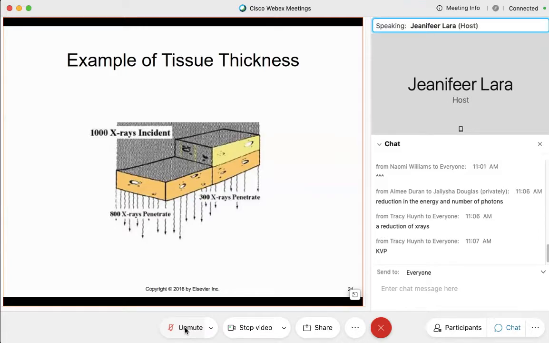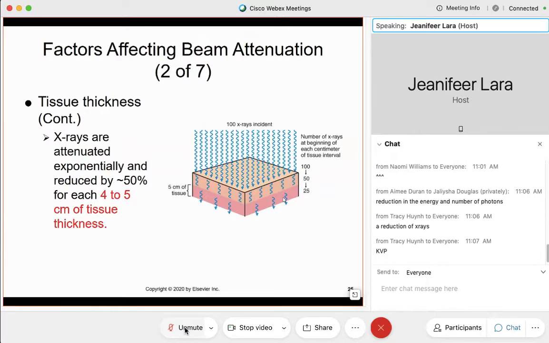Questions? Easy? I can move on? Perfect. All right, so there is a formula. So how do we know how to adjust our technical factors for the amount of thickness? Well, there is a formula. Tissue thickness, X-rays are attenuated.